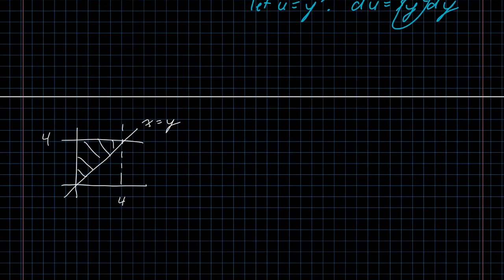And now, if I set up to integrate with respect to x first, I'm going to be looking at the integral x goes from 0 to y, and then I'll integrate y. Remember, after you've done this, you're looking at the shadow. So on the y-axis, my line goes from 0 to 4.